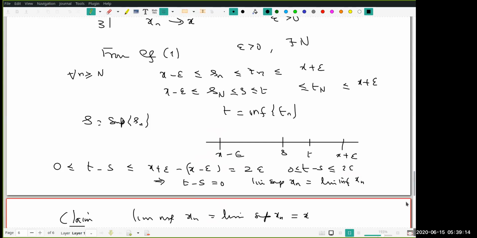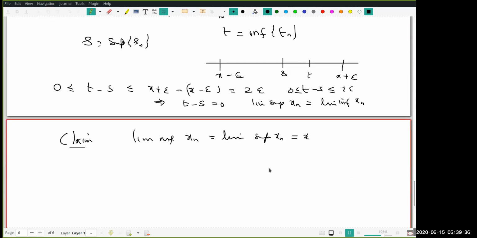So how do you prove that? That follows very easily, because look at that. X also belongs to this interval. X has to be somewhere here. Therefore, S and T are equal now.